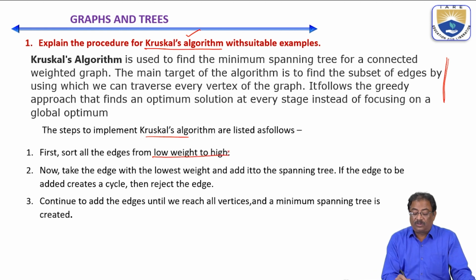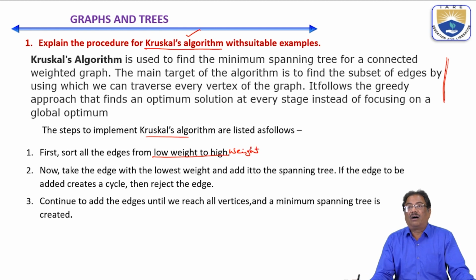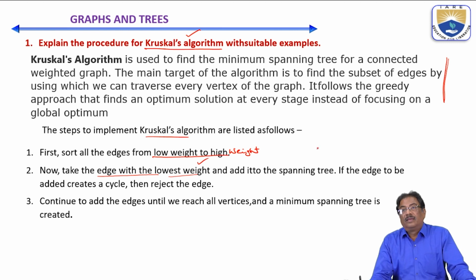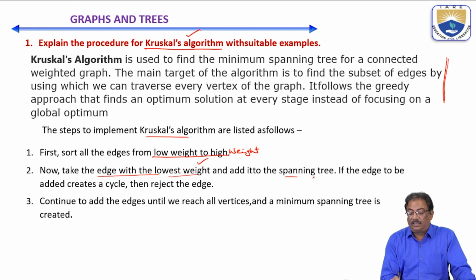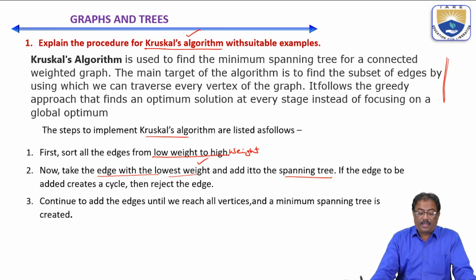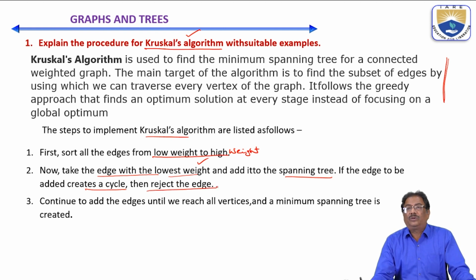Then take the edge with the lowest weight and add it to the spanning tree. If the edge to be added creates a cycle, then we are going to reject it.